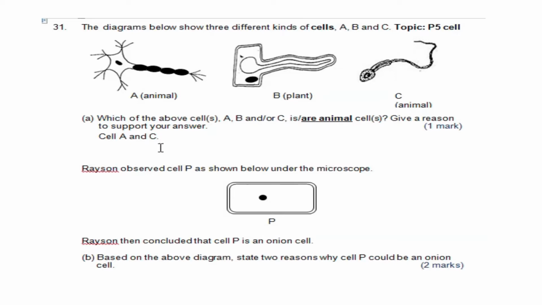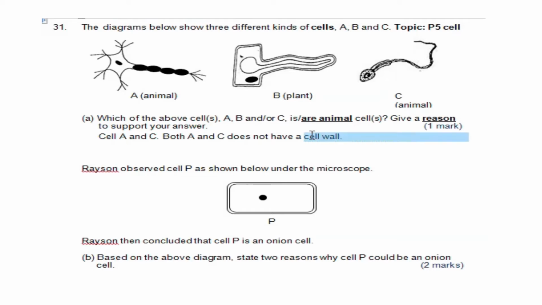Okay, but now they ask you to give a reason. Some of you forgot to give a reason, and that would mean 0 marks, not even half a mark. Okay, so what's the reason why A and C are animal cells? Both A and C do not have a cell wall.